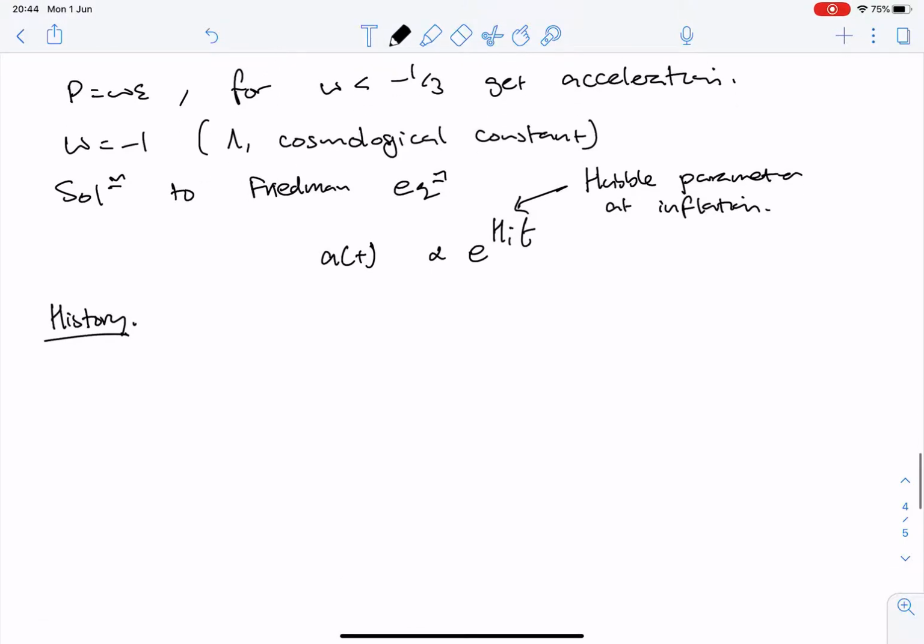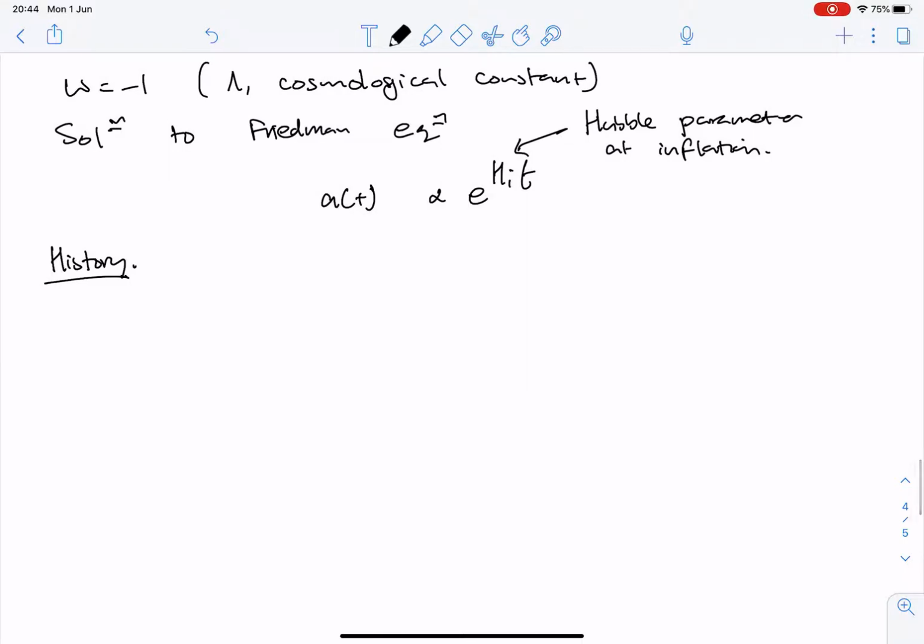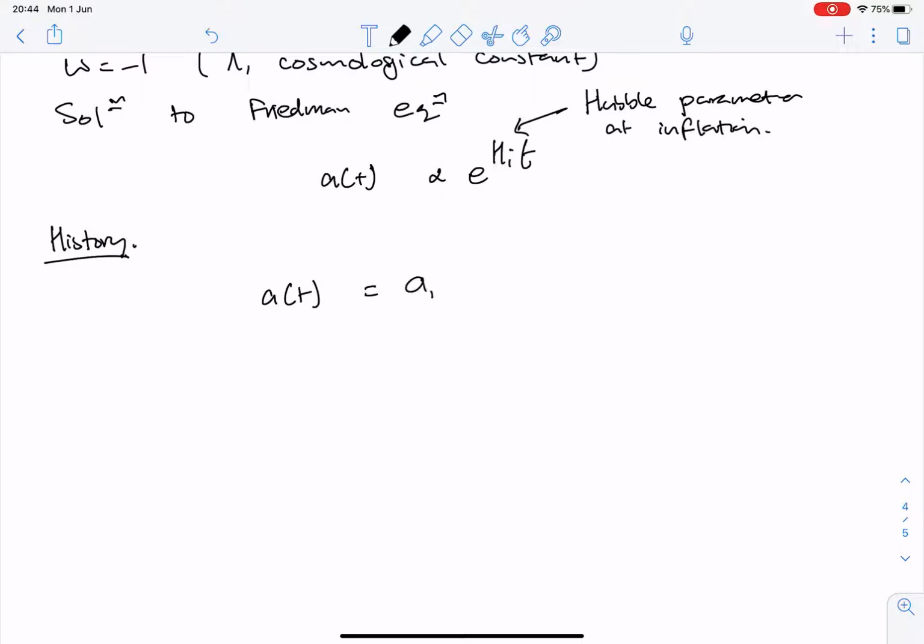So we're in the radiation-dominated era. So early on, we have a of t is just equal to some scale factor at the time this inflation is going to start, times (t over t_i) to the half, and t_i here is the time of inflation start. So at times less than t_i, that's just going to scale as a radiation-dominated universe.